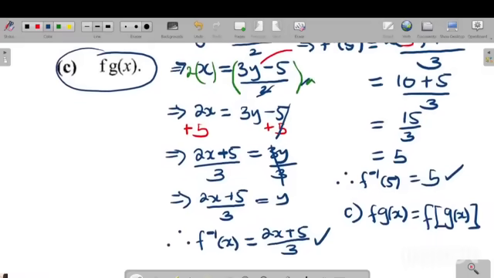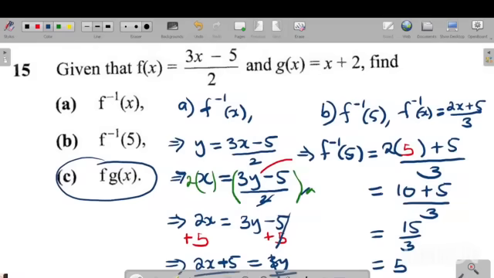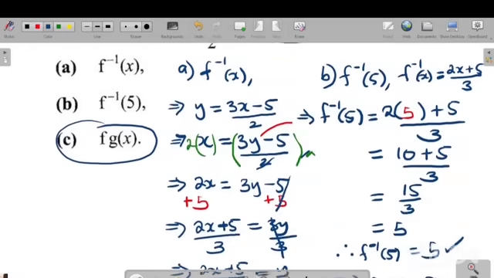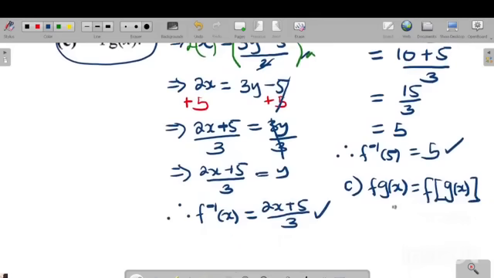Now, what is this function g of x? The function g of x is this one here, x plus 2. So you are going to say f, then x plus 2. This is g, okay?